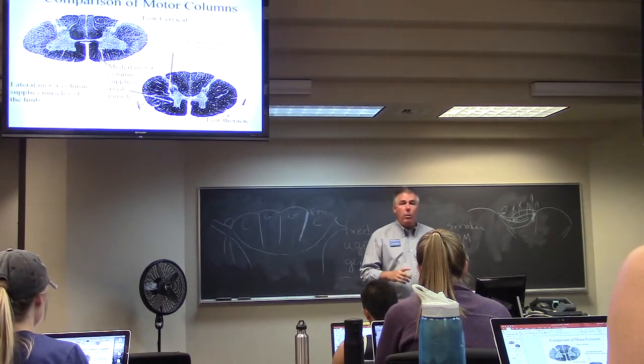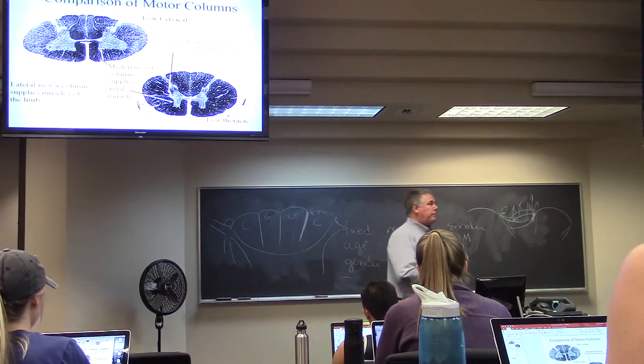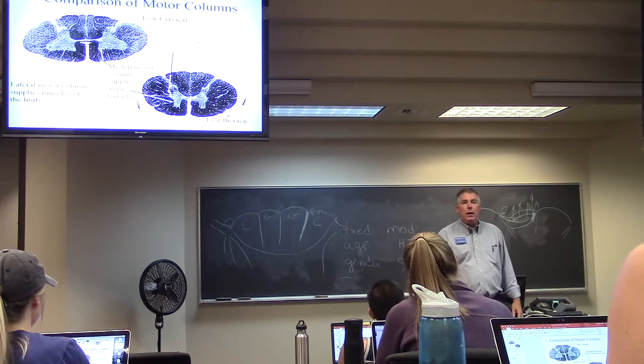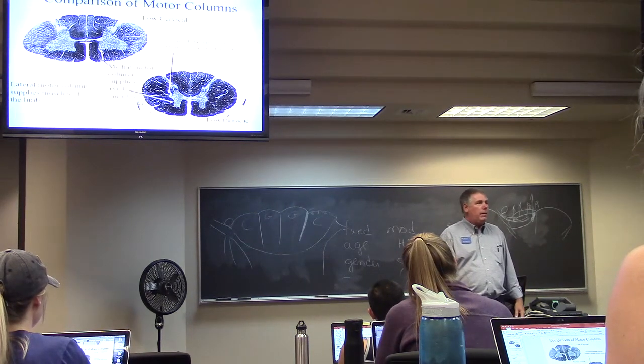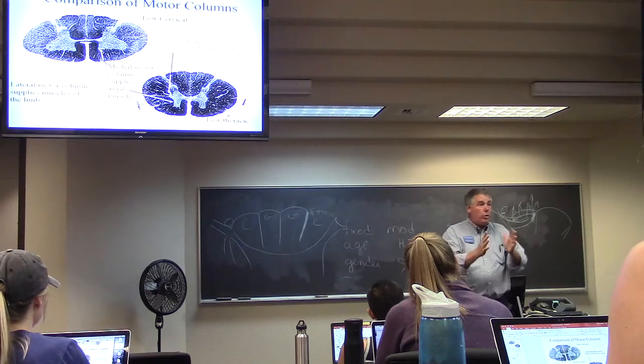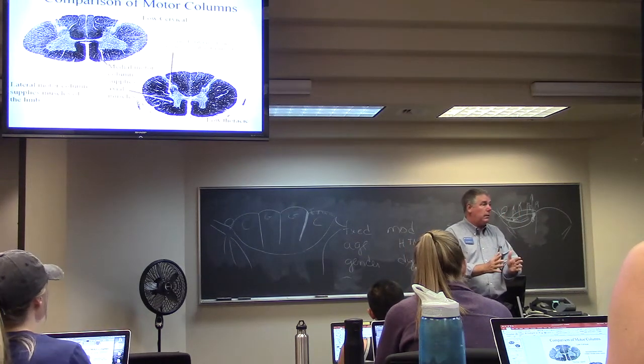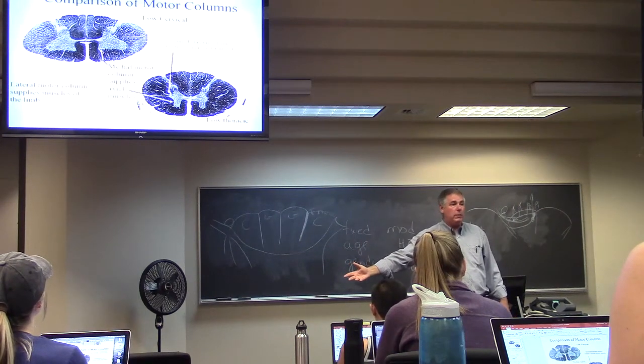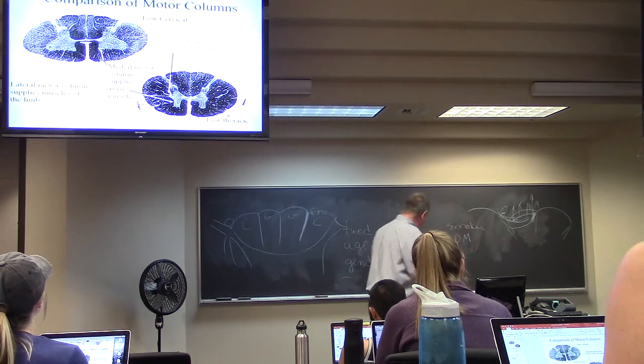So you have to know if a person comes in with truncal weakness and a loss of certain sensations, that could be a certain disease versus in another area of the nervous system. And that's why I make that point.